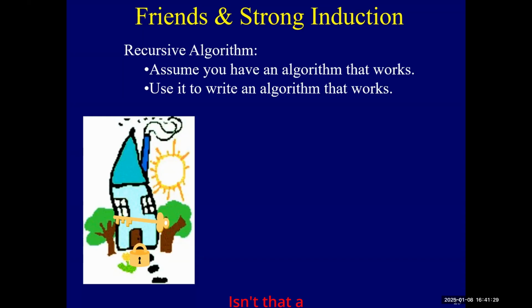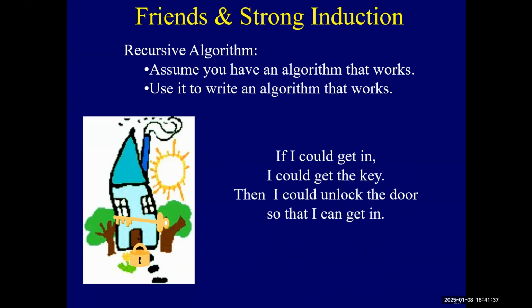Isn't that a good algorithm? That's called the circular argument. If I could get the key, I could get the key. But the problem is you can't get the key. That's a circular argument. And so we have to break the circle.